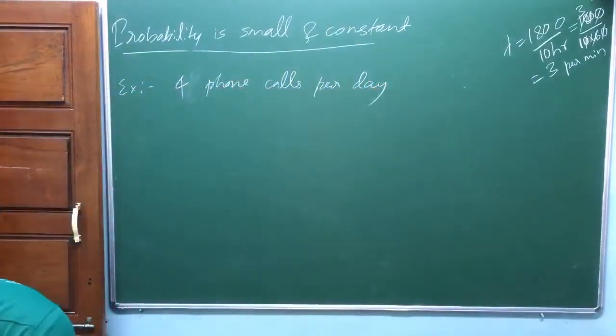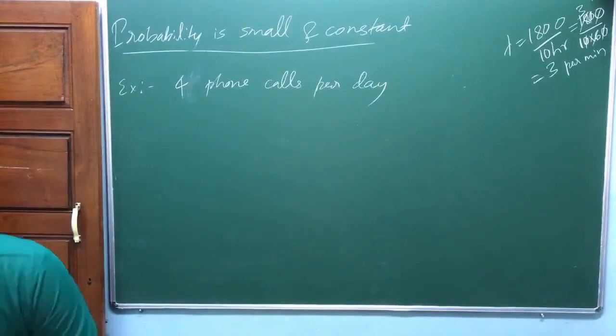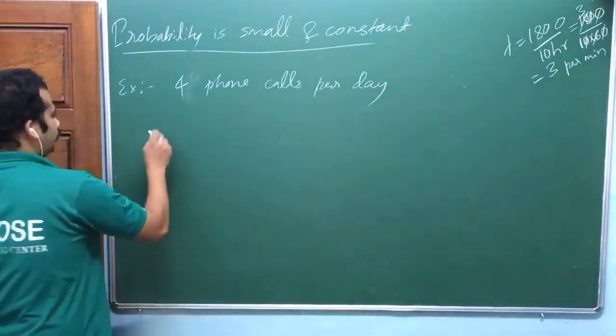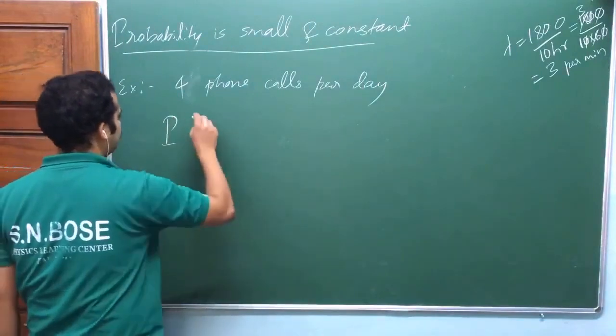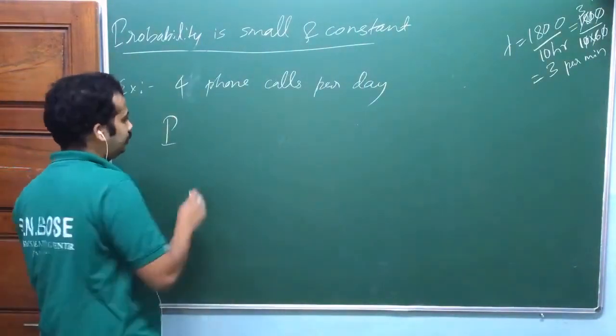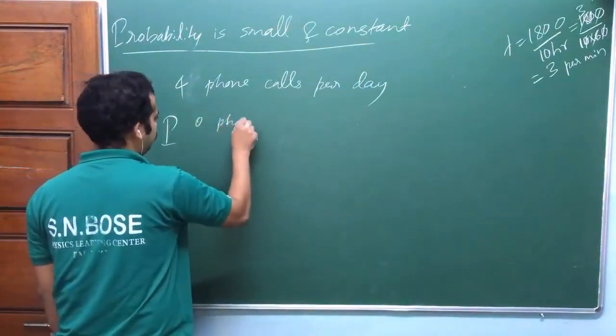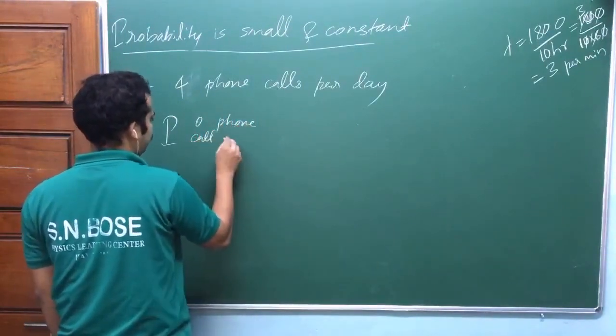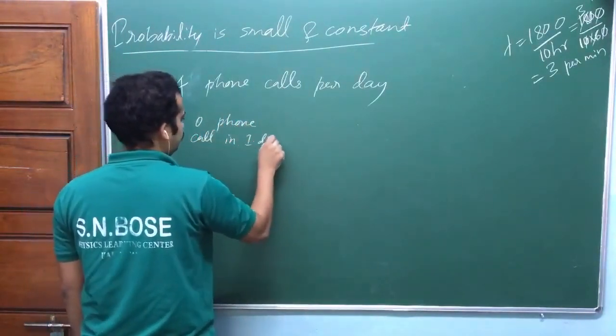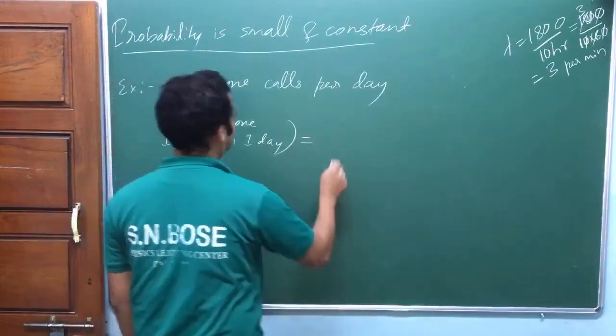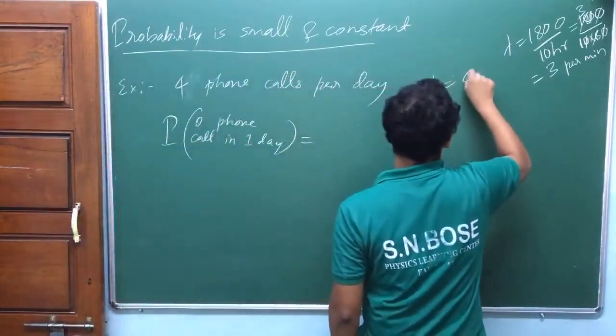What is the probability that on a given day you receive no phone call, that is, 0 phone calls? Lambda is equal to 4 per day.